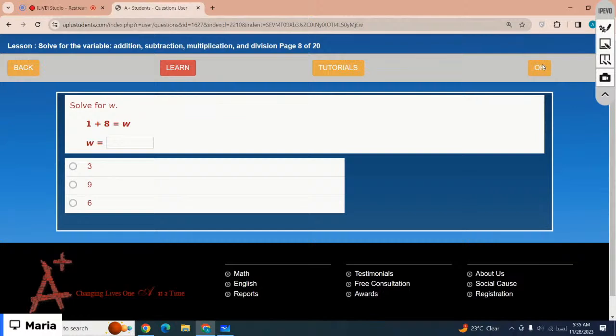W equals 8 plus 1, which is the correct option? The correct option is 9. W equals 9.